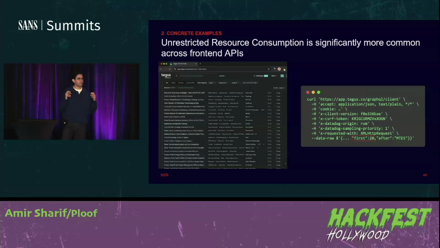So we're going to talk about something a little bit less spooky, but very common, which is unmitigated resource consumption. This tends to be very common across web apps and particularly across front-end APIs. To give you a tangible sense of what this means, if you go to a product that has an infinite scroll feed, or something that requires data to be refreshed on a recurring basis as a user is interacting with it, they tend to call an API endpoint that requires them to submit a starting point, an ending point, and a number of rows returned.